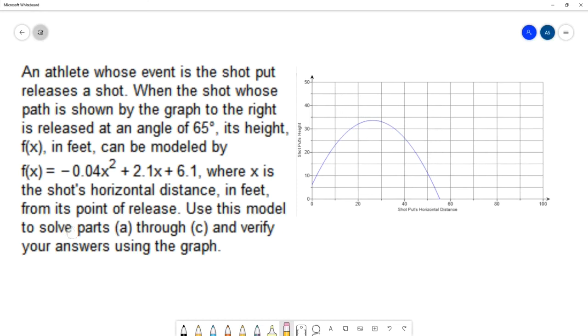Use this model to solve the parts and verify your answer using the graph.